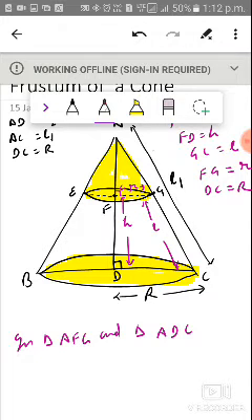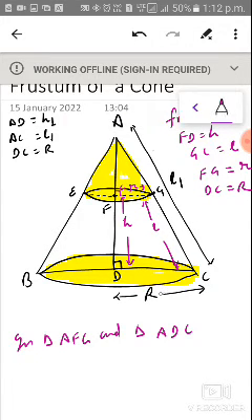In triangle AFG and triangle ADC, we can write angle F is equal to angle D, that is 90 degrees, both 90 degrees, as this circular base is parallel to base BC. And angle A is common to both the triangles.